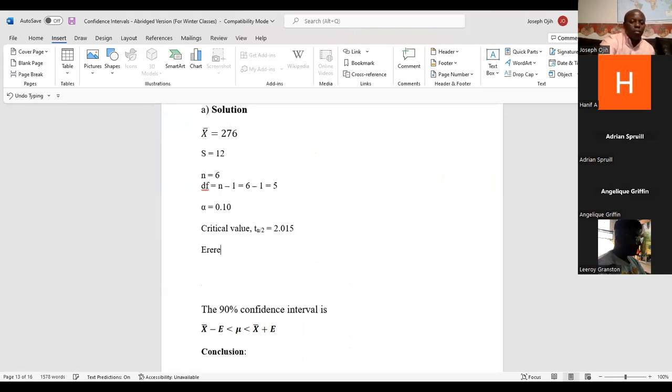The error margin. This is the part where we need to put it in a formula. Error margin E equals T alpha over 2 times standard deviation over square root of n. Let me write these numbers down.